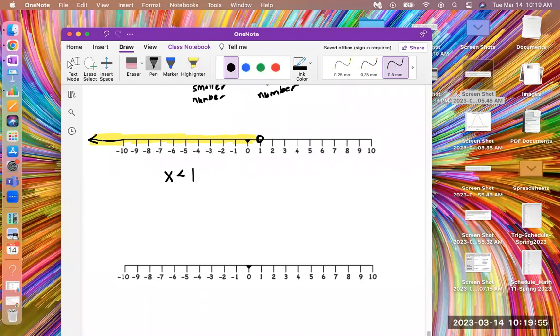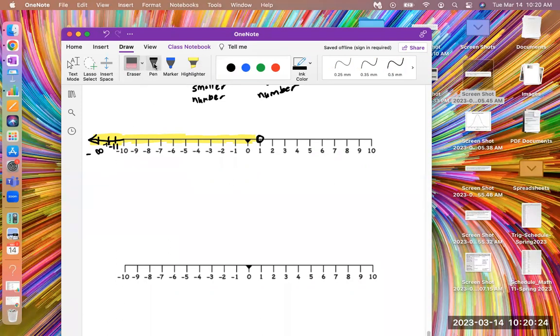So that actually goes to negative infinity, right? If I keep going after negative 10, negative 11, negative 12, it goes on and on until you get to a really, really large negative number, which is negative infinity, okay? And then all the way to the positive value of 1.